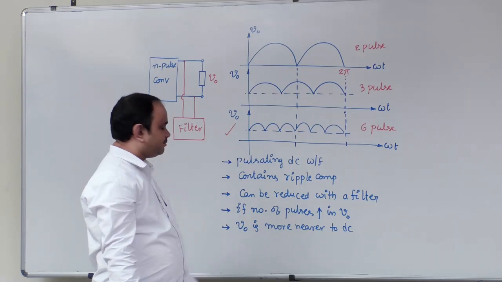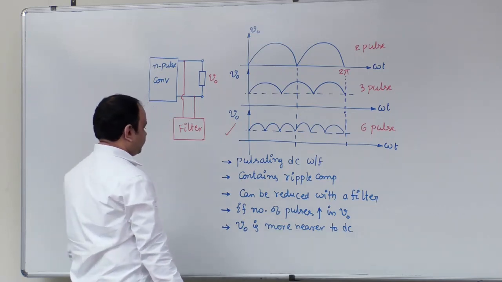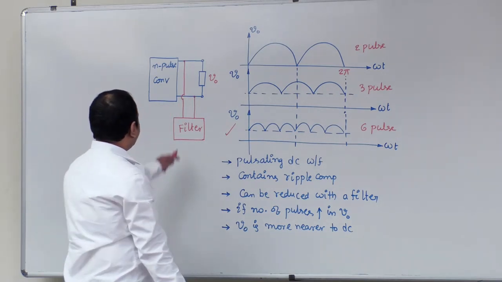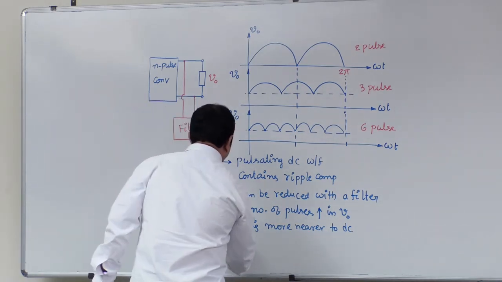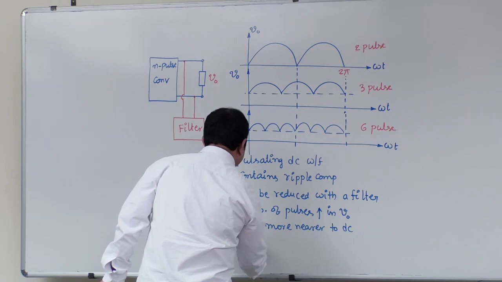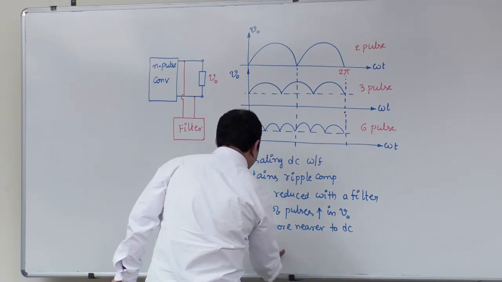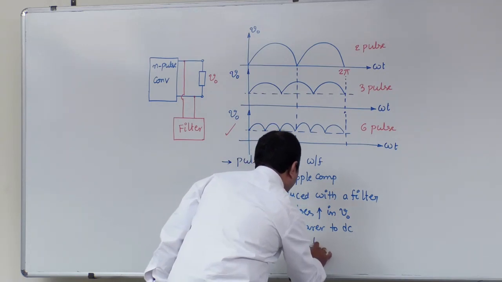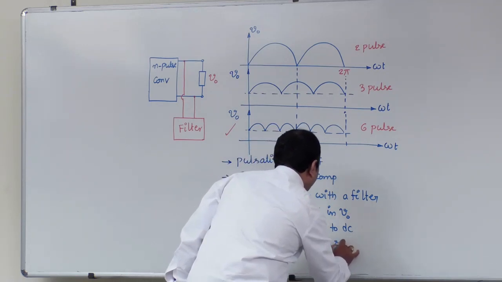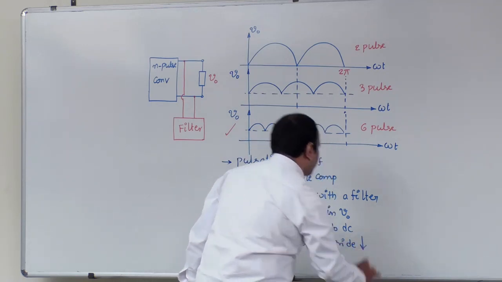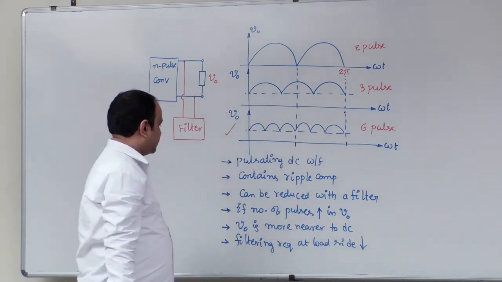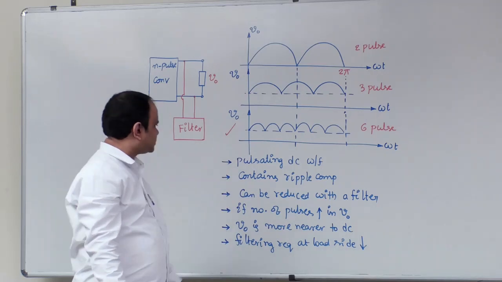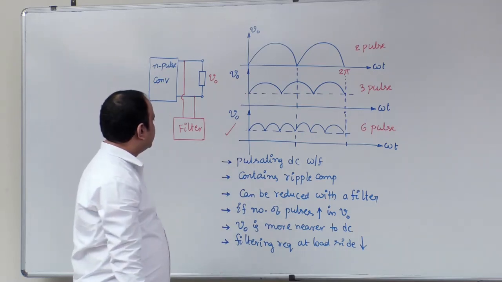Therefore, what is the benefit of that? If V0 waveform is more nearer to DC waveform, then we can say filtering requirement at load side will reduce. That is an advantage, okay. I am repeating, if you read the statements step by step, you will understand.